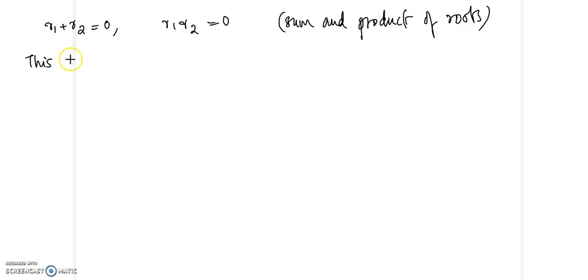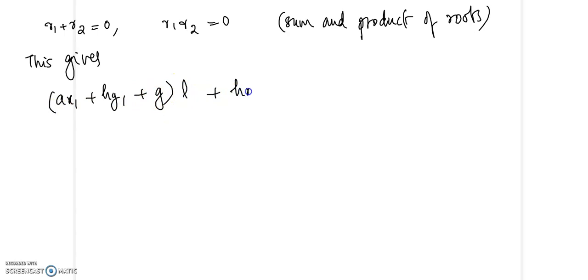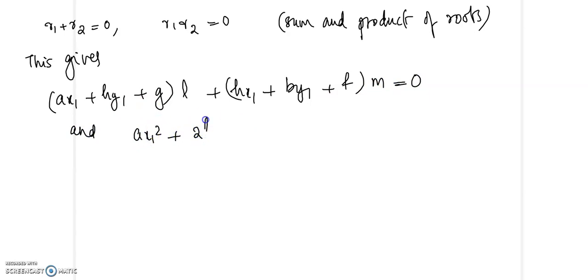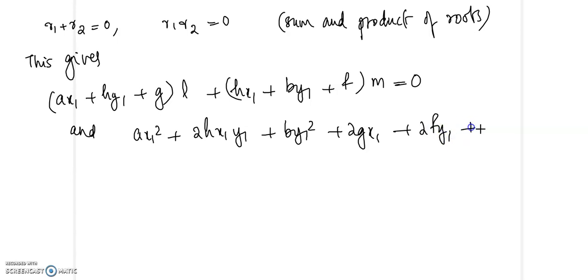So therefore this gives, we will get ax1 plus hy1 plus g into l plus hx1 plus by1 plus f into m equal to 0, and we will get ax1 square plus 2h x1 y1 plus b y1 square plus 2gx1 plus 2fy1 plus c equal to 0.